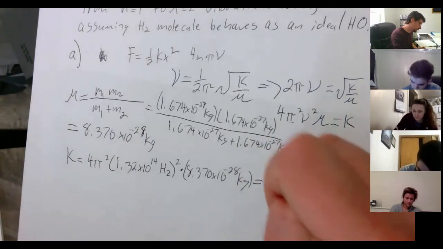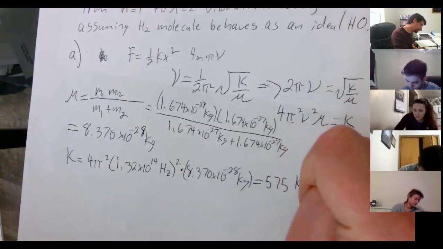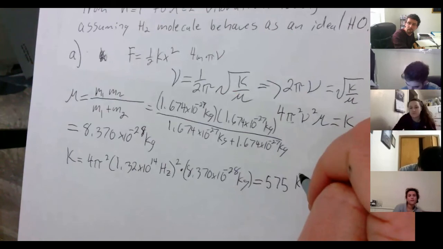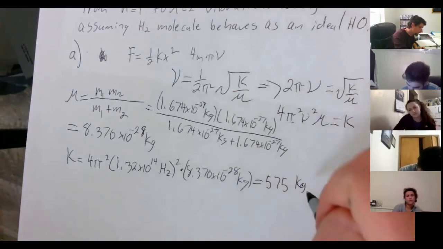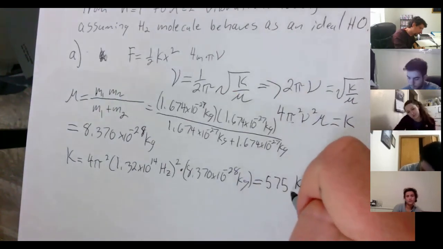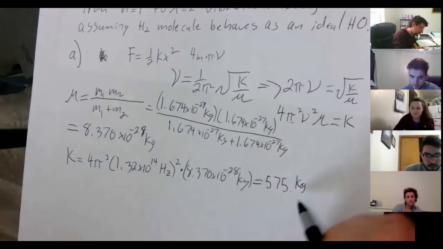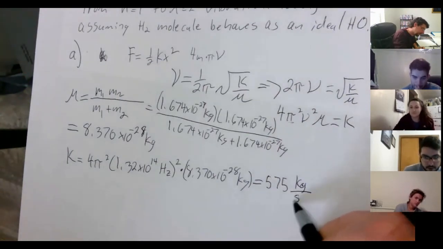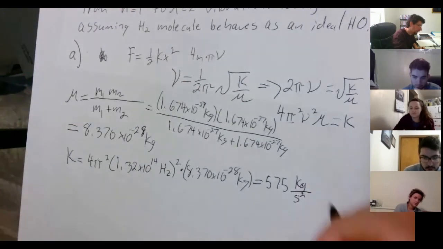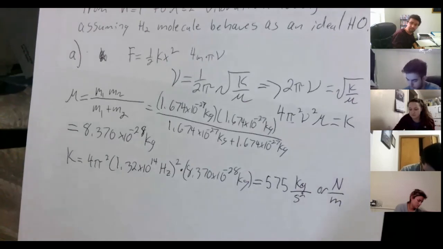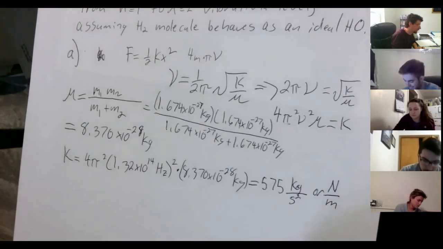The value you get is 575. What are my units going to be? Kilograms, frequency, and then hertz squared, or newtons, kilograms per second squared, right? That's the same thing as a Newton per meter. Whatever way you want to express it.